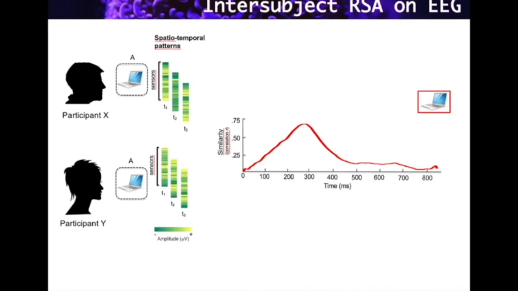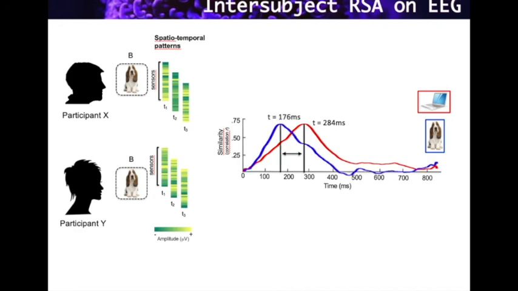We could also do the same sort of approach with another type of stimuli, in that case, for instance, when they see a dog. Repeat the analysis, and that could be interesting. For example, this is simulated data, but it may show that the two participants share or have similar neural patterns elicited by this category that start a bit earlier compared to the other one.